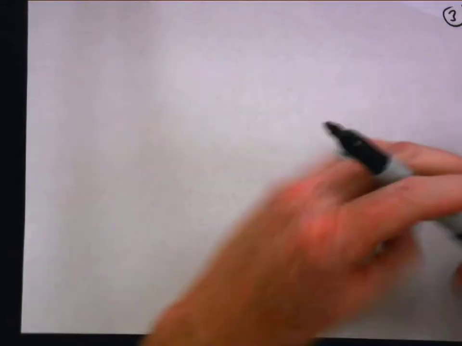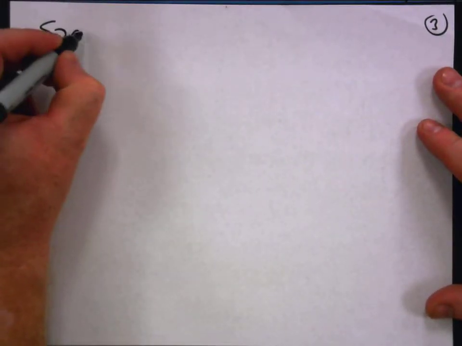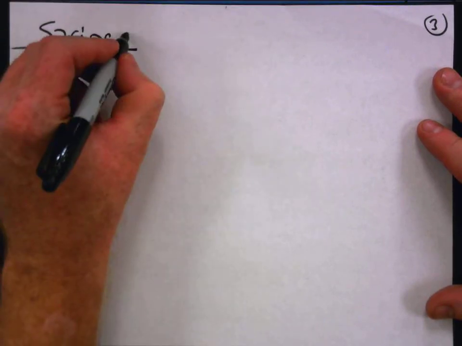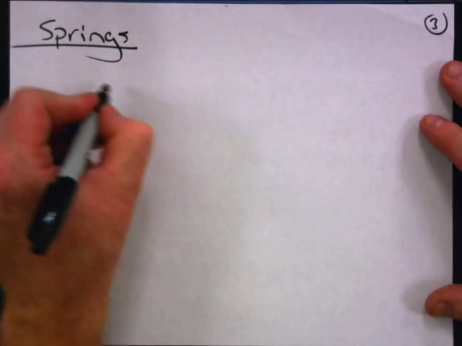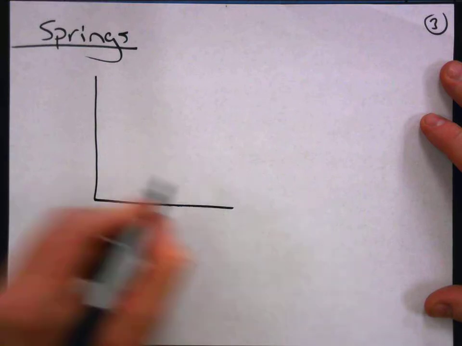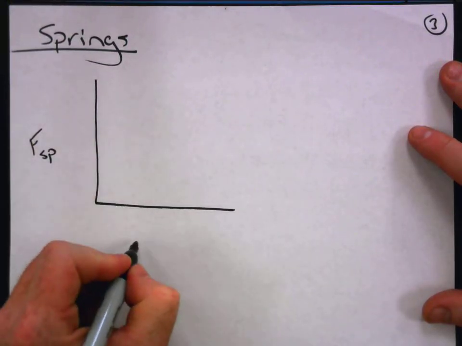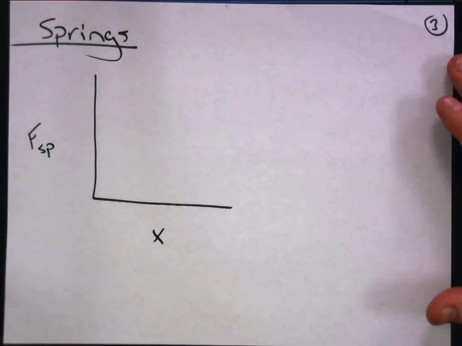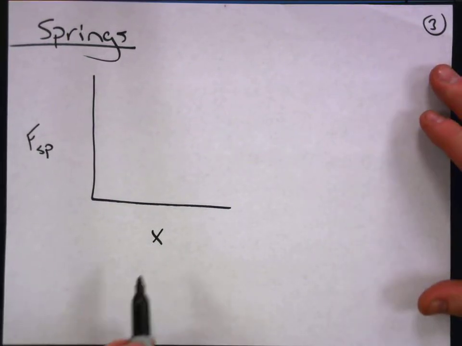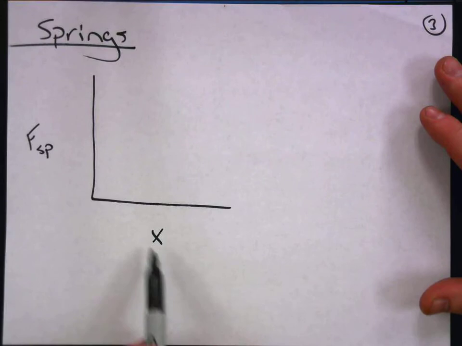Here we go. Typically with springs, plural, you've got a graph, force of the spring, you've got displacement of the spring from its resting length. So how much this position has changed from its resting length.